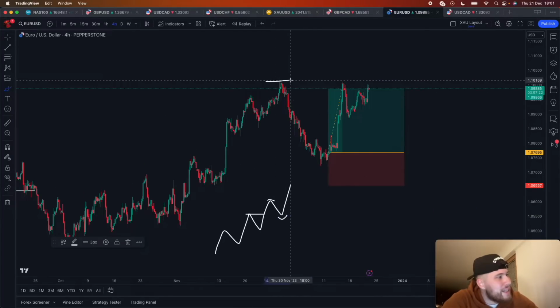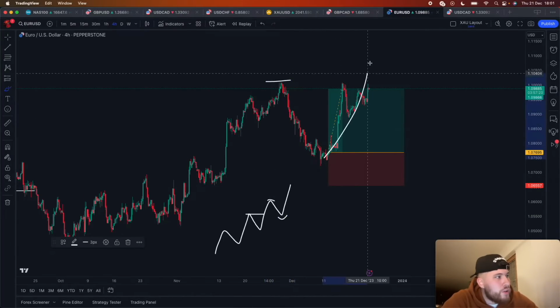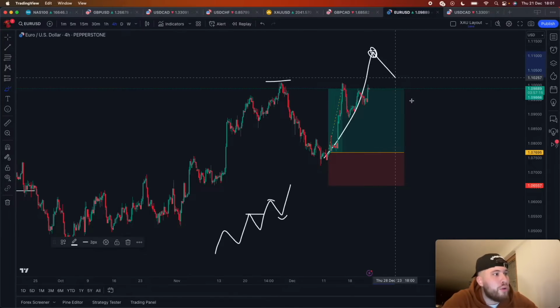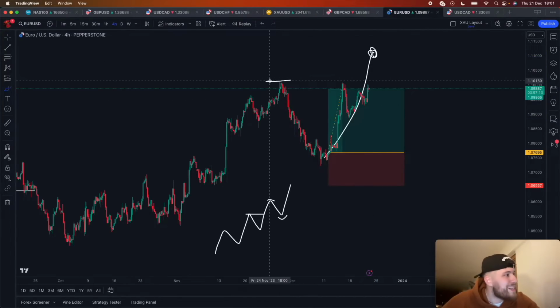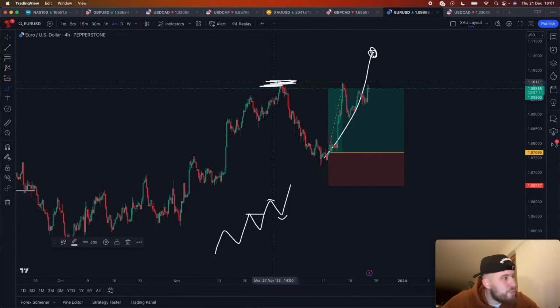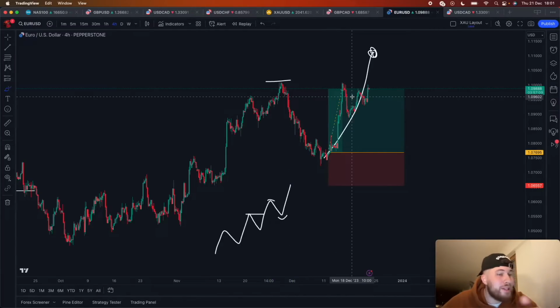So this high, in theory, should break to create a new high. So price should trade up here before pulling back. By setting our take profit just below this point, this guarantees that our take profit is achievable.